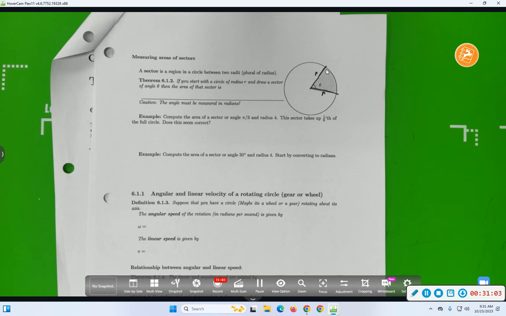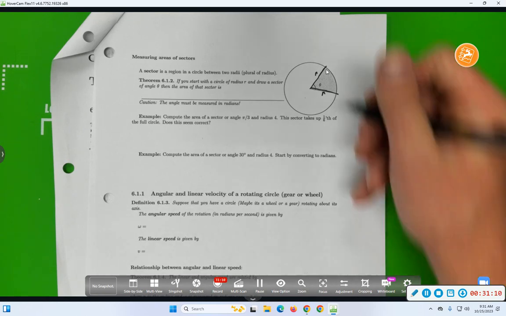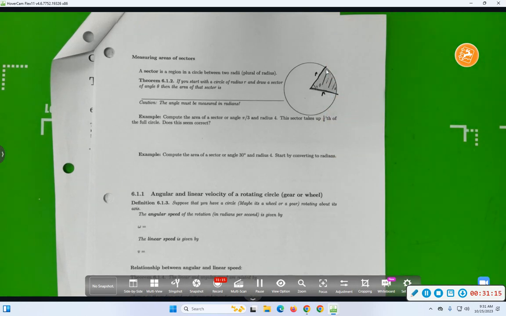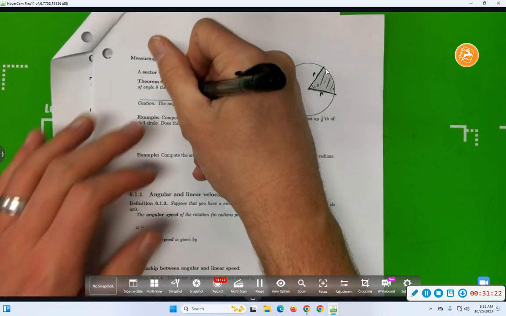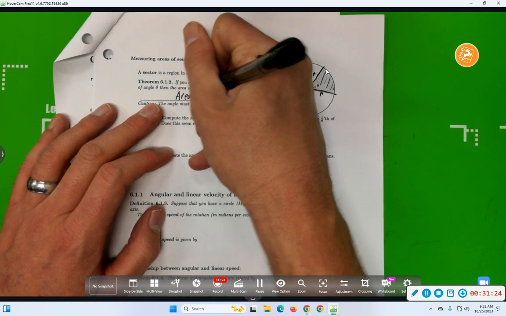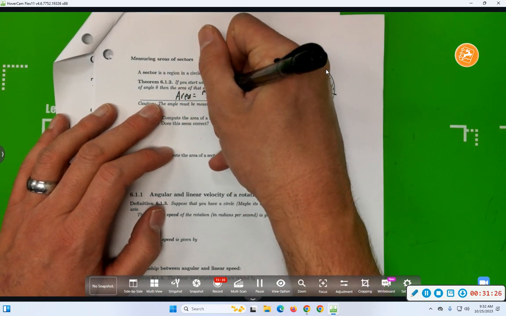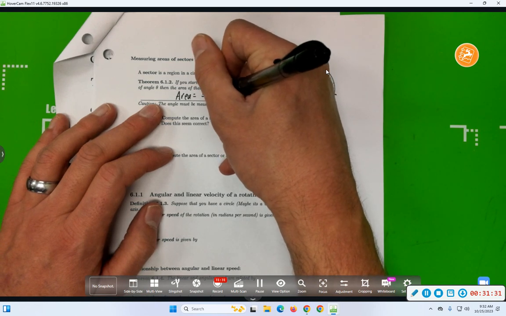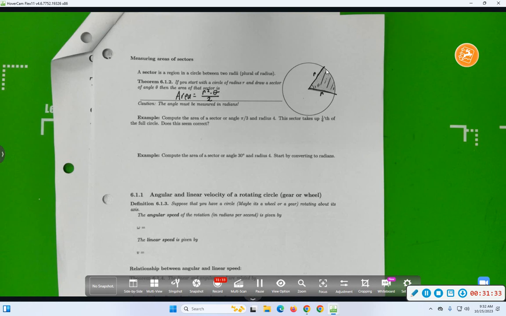Okay, but that's neither here nor there. There's a sector. The formula for the area of this sector of radius r and angle measure theta in radians is area equals radius squared times theta divided by 2.